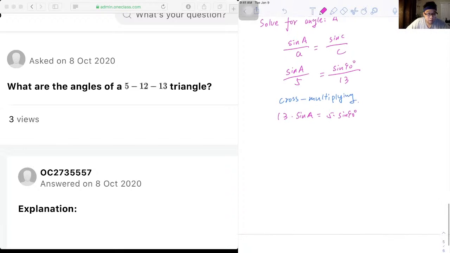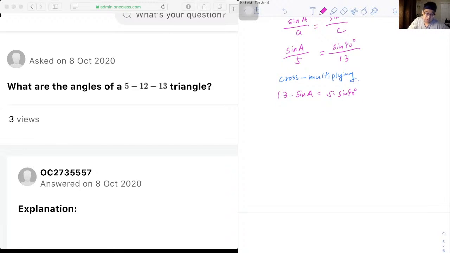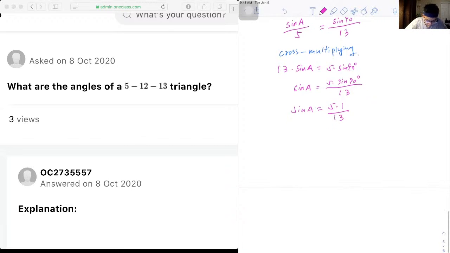Okay, and since we only want A on one side, we'll move 13 to our right hand side. So 5 times sine 90 over 13. And because sine 90 is just equal to 1, okay, so 5 times 1 over 13, and sine A is just equal to 5 over 13.